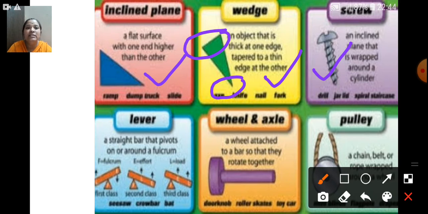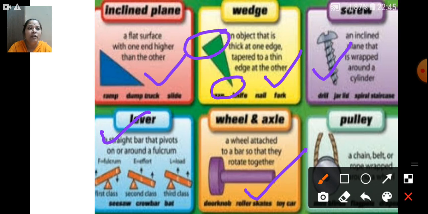Now the next is lever, a straight bar that pivots on or around a fulcrum. About this we are going to learn in detail today. Next is wheel and axle, a wheel attached to a bar so that they rotate together. This arrangement is known as wheel and axle.